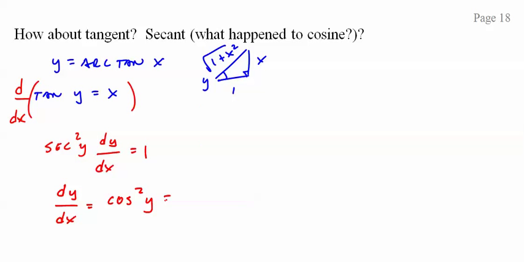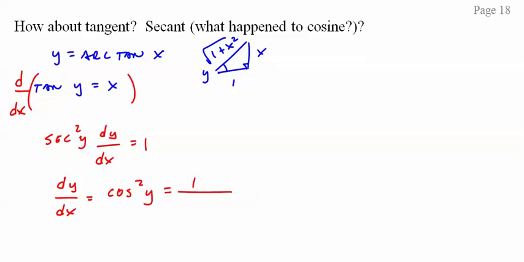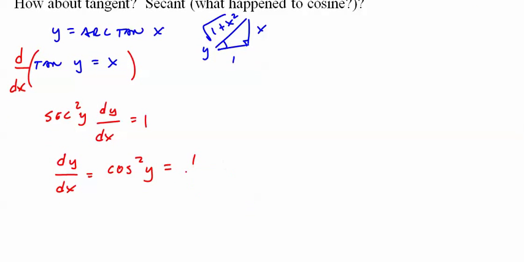Cosine squared of y is 1 over the hypotenuse squared. One over 1 plus x squared. No need to put a limit on that. X can really be anything, which is not unusual for tangent.